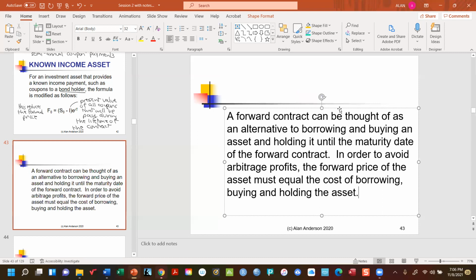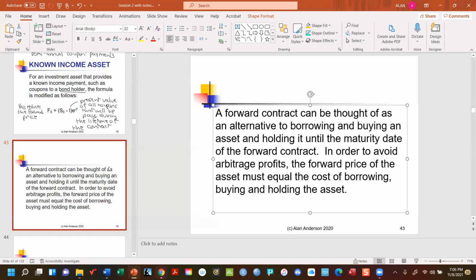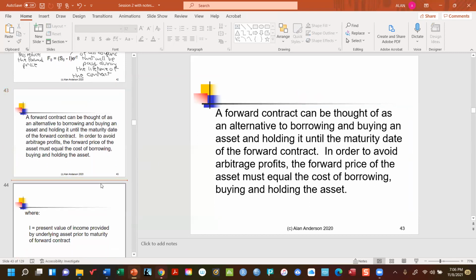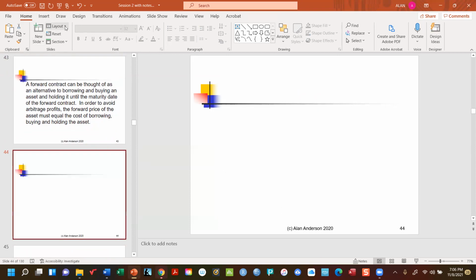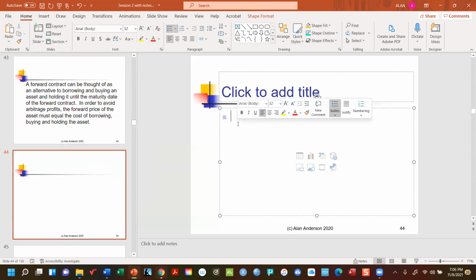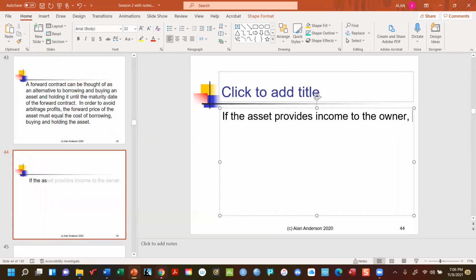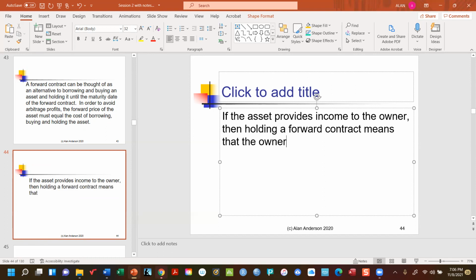But if the asset provides income, this is the interesting part. If the underlying asset provides income to the owner, then holding a forward contract means that the owner is not receiving this income.